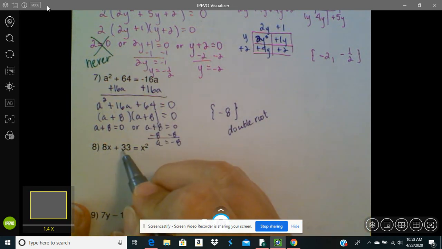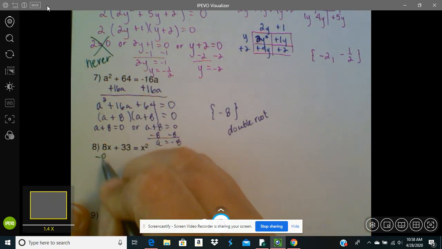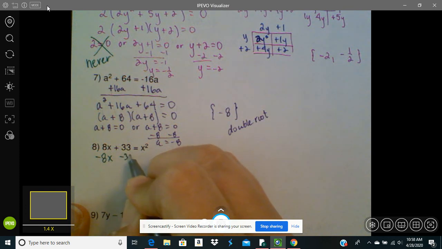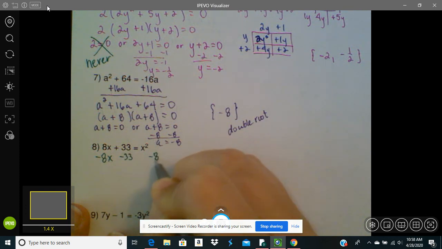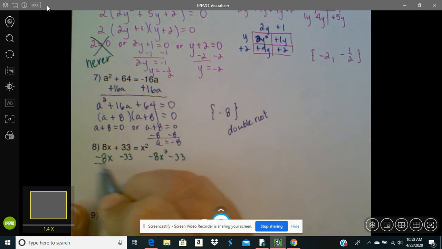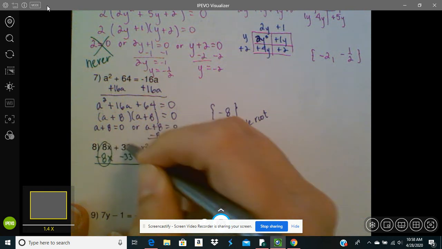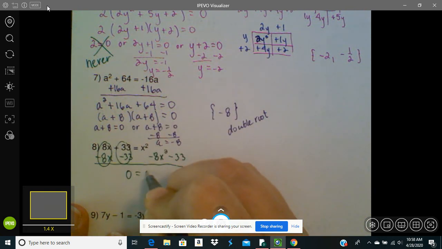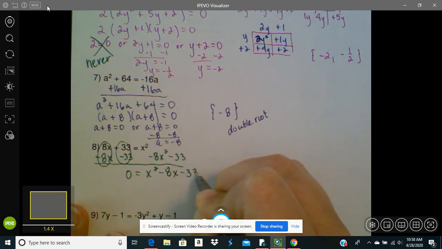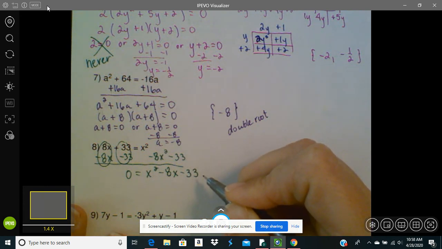So I'm actually going to move these two over there because I do not want to factor any negative x squared anything. So I'm going to move this over. That'll 0 out. That'll 0 out. We'll get 0 equals x squared minus 8x minus 33.